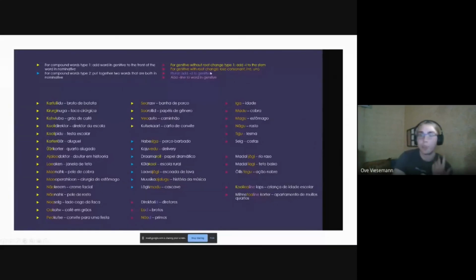For genitive with root change, which are in yellow, just lose consonant, change E to E, and change U to O. Then plural is just by adding a D to genitive. And this here is adding to the word genitive. And basically, that's it. Everything can be put together.